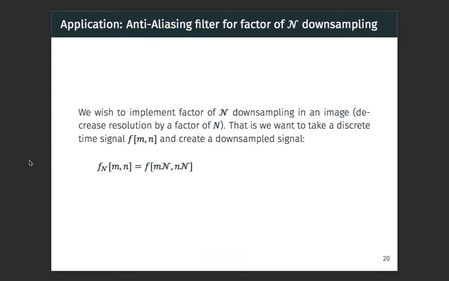What you have as a starting point is your discrete signal, the picture, which we call F here, and we want to generate a downsampled version of that signal. Basically we have a rate n, so we're only going to save every second or third or fourth or whatever integer number of pixels in the original picture.